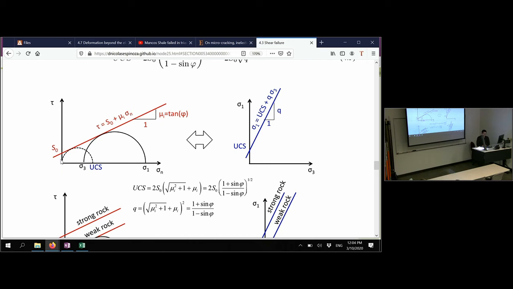So this would characterize more or less the shear strength of your rock when you have no normal stress. So when normal stress is equal to 0, then this is what you get. And the unconfined stress is when there is no stress in the perpendicular direction to the loading.